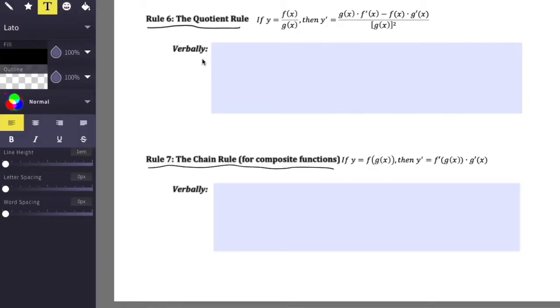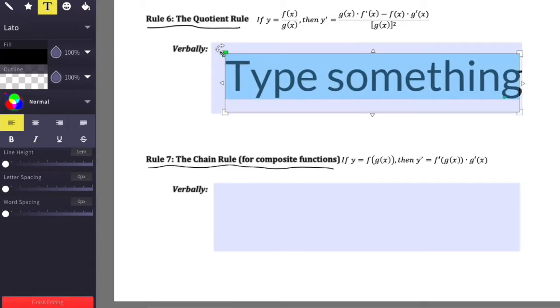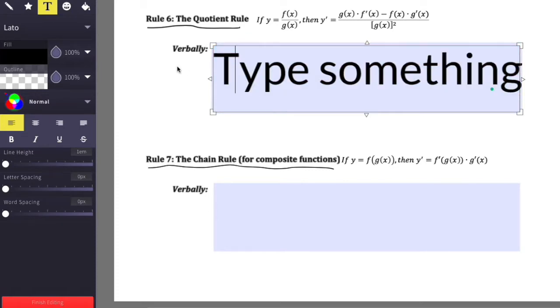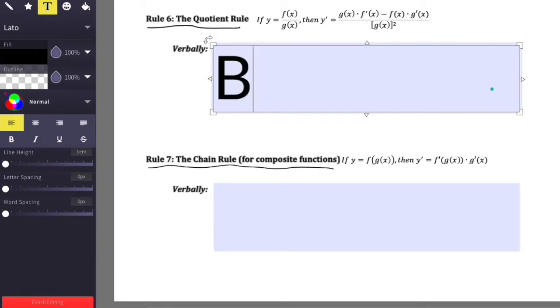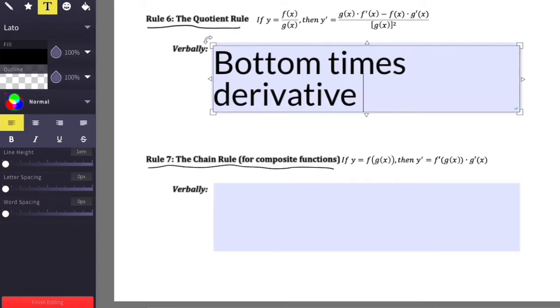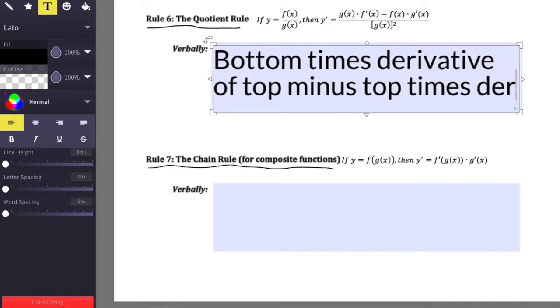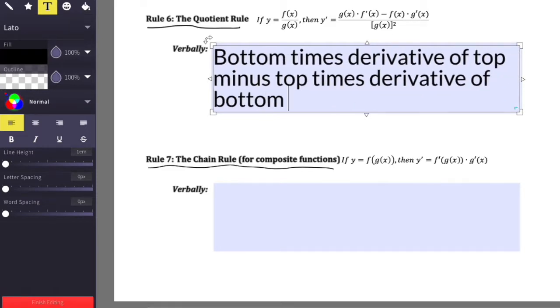And I submit, at least this is the way I first learned it, and I still use it today, the best way to remember that is to memorize the verbal way of saying it. In other words, the quotient rule says bottom times derivative of top minus top times derivative of bottom all over bottom squared.